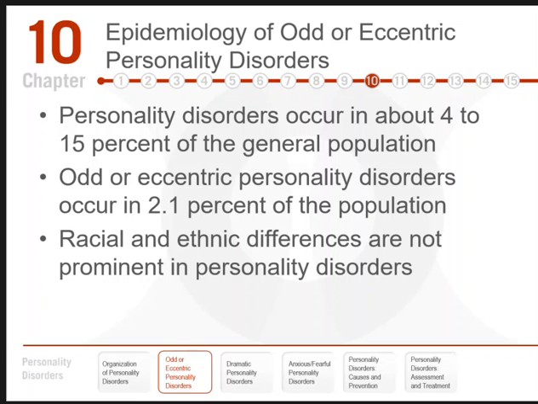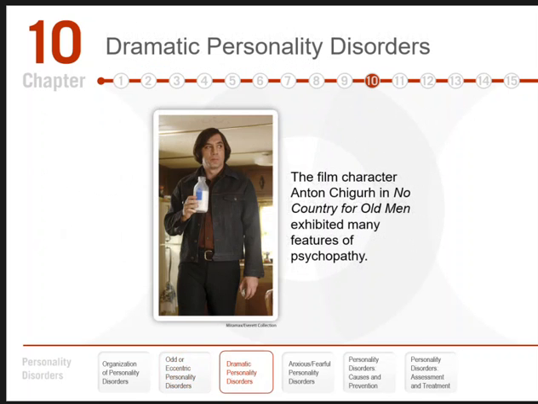Personality disorders in general occur in about 4 to 15%, but the odd or eccentrics are 2.1%. Racial and ethnic differences are not prominent in personality disorders, probably because we really don't have enough information. It's not reported well enough. We don't really know how many people have it because there's a number of people who are functioning properly, and so they don't end up being noticed.